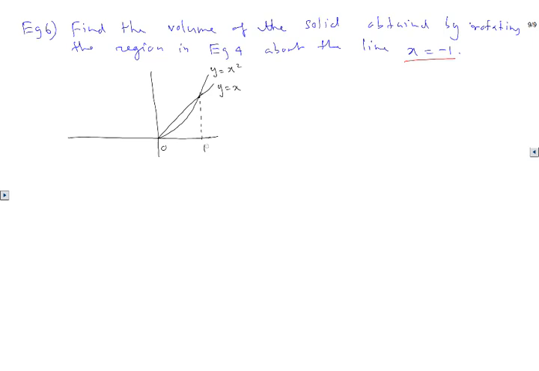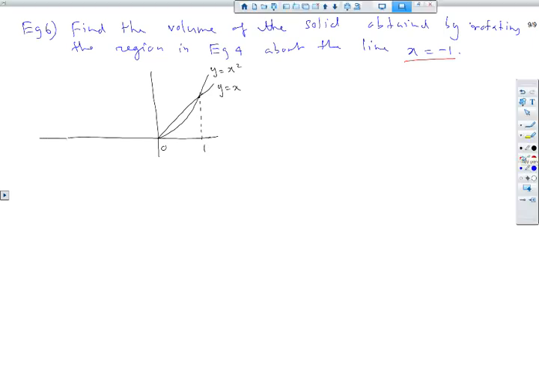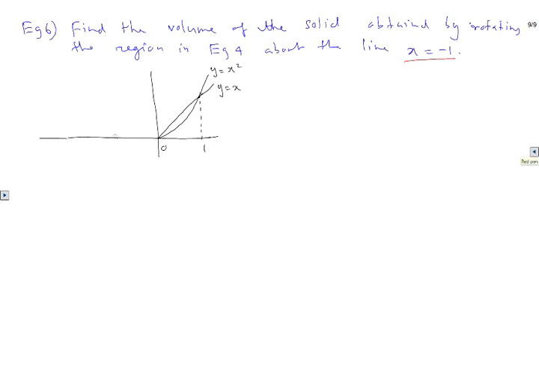So now what we're trying to do is rotate about what axis? The axis is x equal -1, so it's here, that's the axis. So what's going to happen once you rotate it?